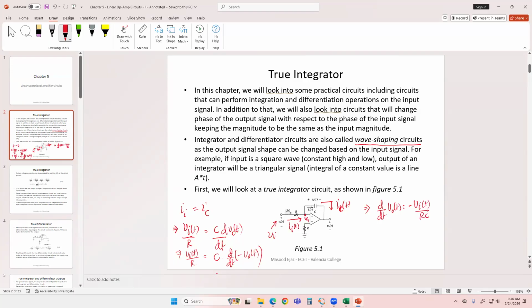And if you want to remove the differentiation, then you're going to integrate both sides with respect to t.